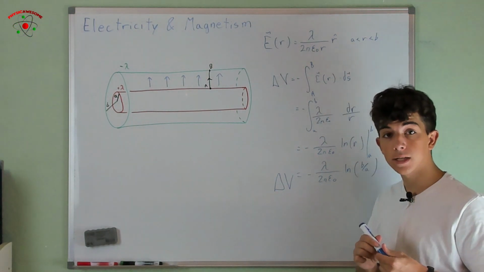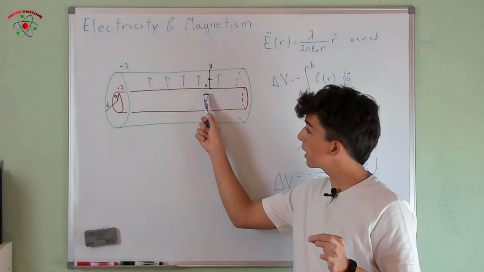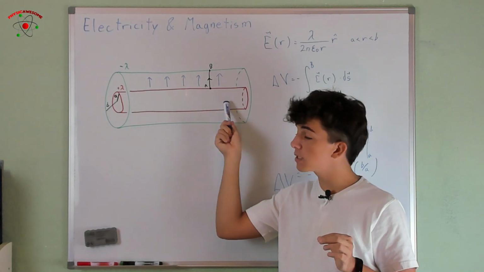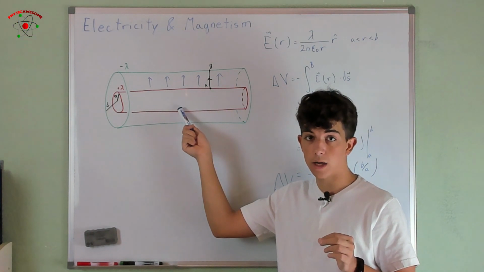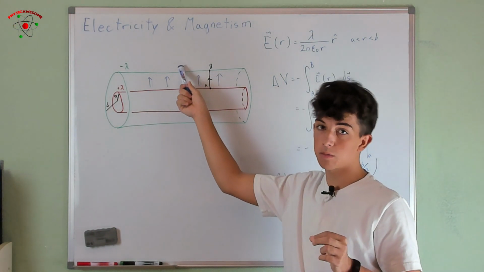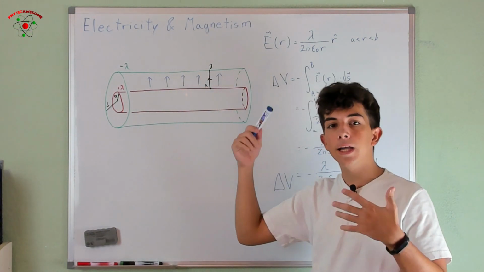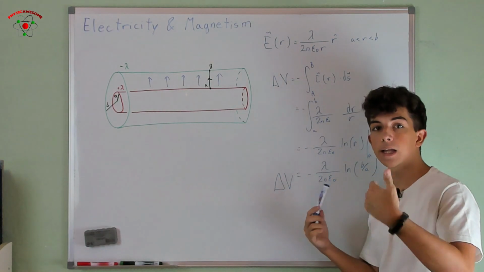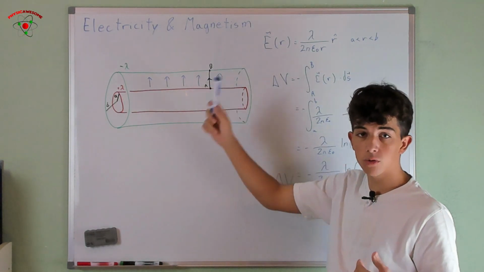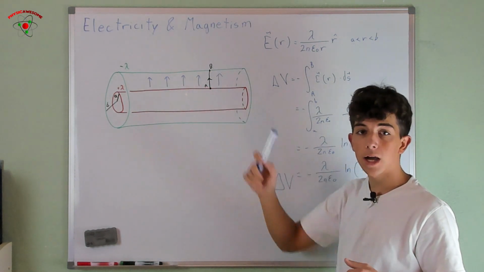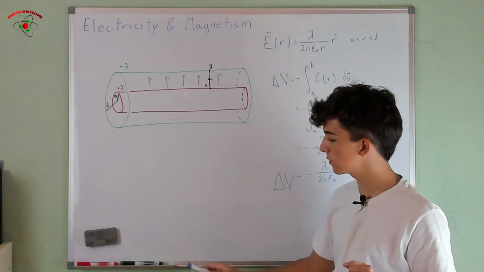And that makes sense because we are going from the higher potential cylindrical cell, which is the one inside, to a lower potential cylindrical cell. So it makes sense that this change is negative as we are going from positive to negative and in the same direction as the electric field lines.